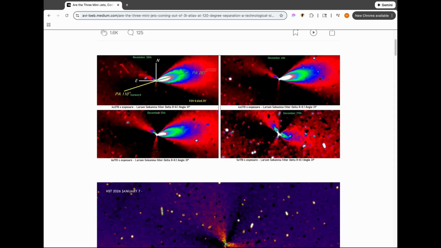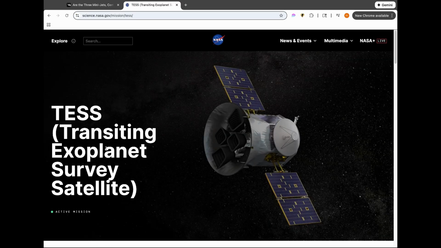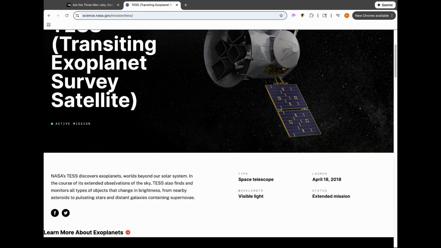Let's look this up. We got it on screen, right? TESS, the Transiting Exoplanet Survey Satellite. It discovers exoplanets, worlds beyond, and also finds and monitors supernovae.